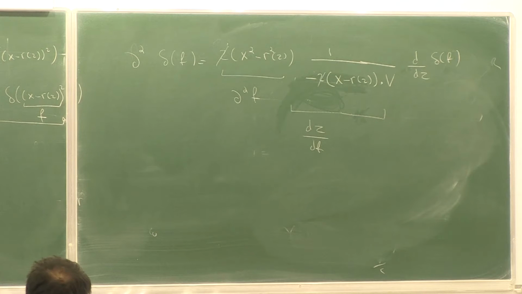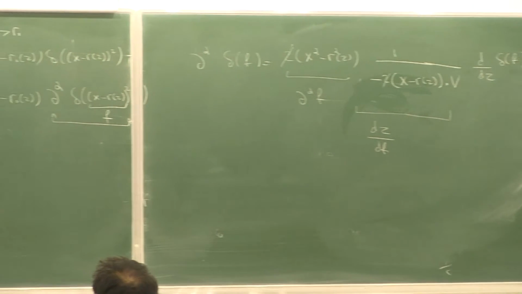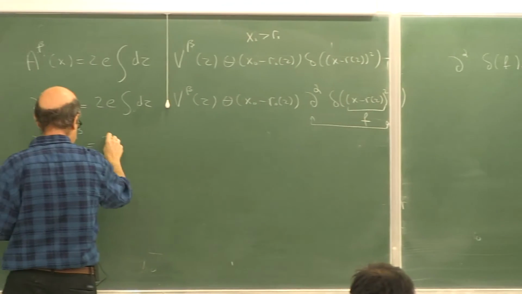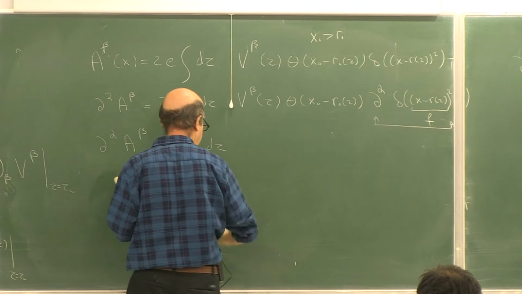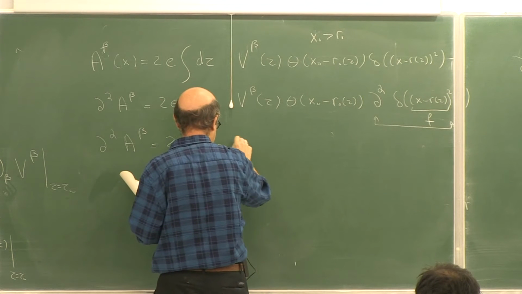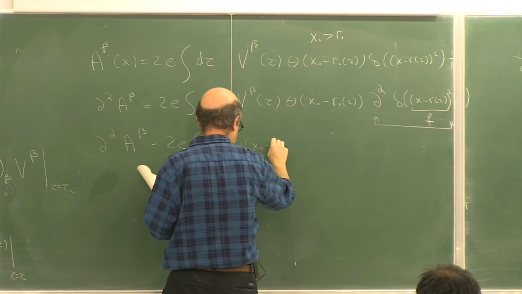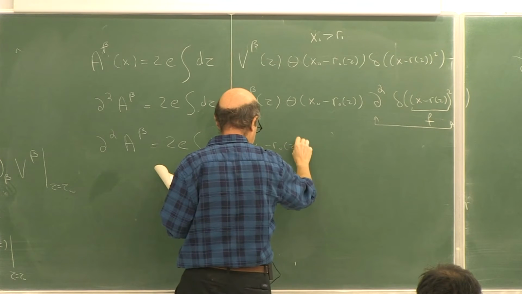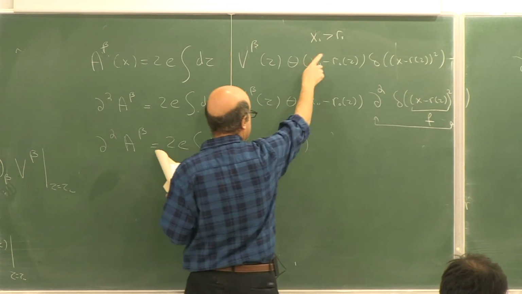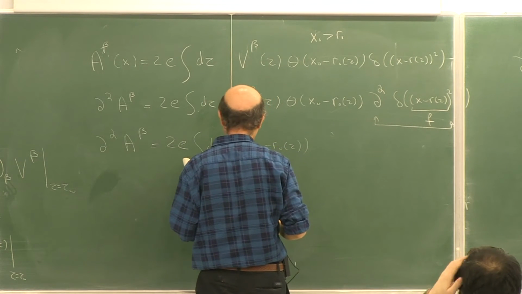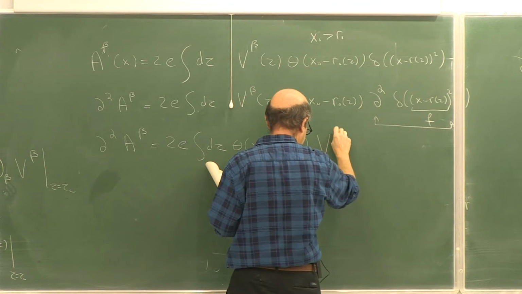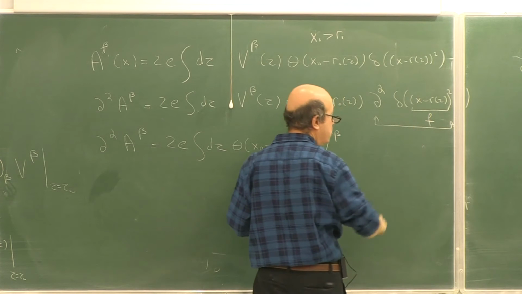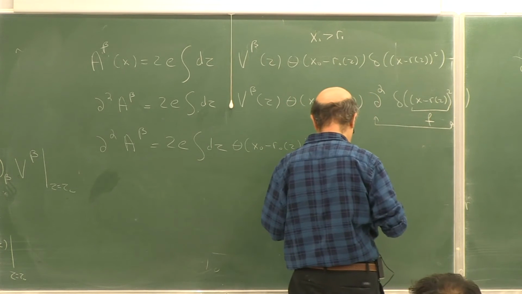Del alpha A beta will be 2e times the integral d tau of theta function x0 minus r0, and x0 is greater than r0, and v of beta, and this whole term put to some values.